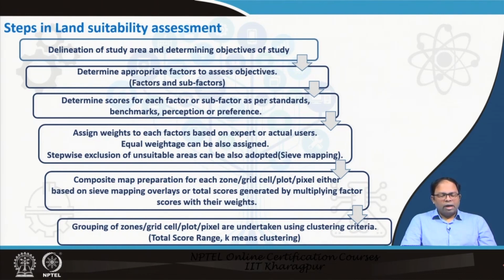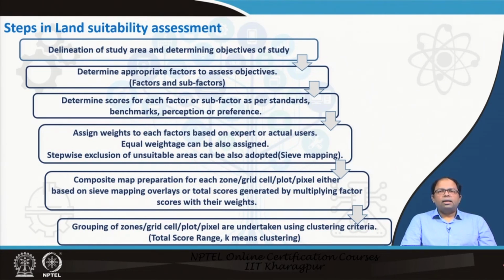After these overlays, we generate the total scores by multiplying factors with their weights, and we assign this score to each pixel, zone or grid, and we get a composite map by mapping those values in a GIS format. Once that is done, the next task is to group these zones, grids, plots or pixels.